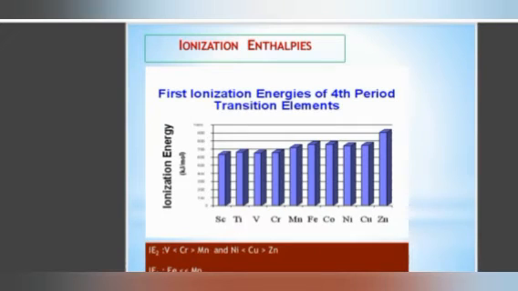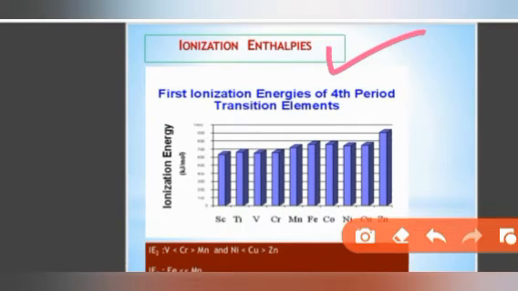Ionization enthalpy is the amount of energy required to remove an electron from the outermost shell of an isolated metal atom to form ions. It first increases, then remains almost the same, then suddenly increases. For the first ionization enthalpy of the fourth period, vanadium has greater ionization enthalpy than chromium, then it decreases; manganese and nickel have greater than copper, then copper has less than zinc.